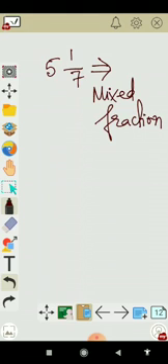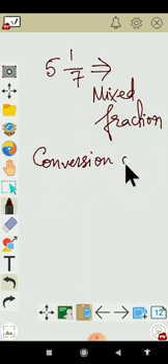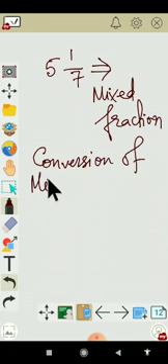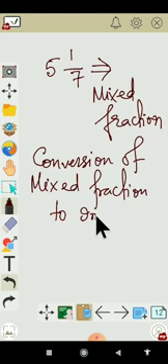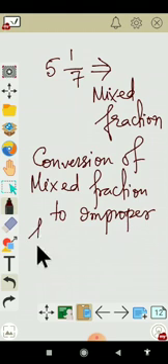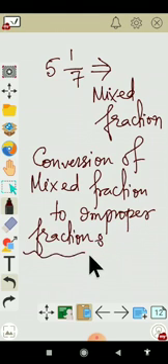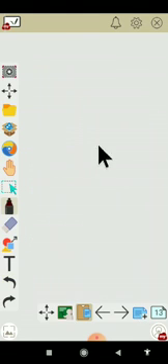Now we will convert improper to mixed and mixed to improper. Conversion of mixed fraction to improper fraction.